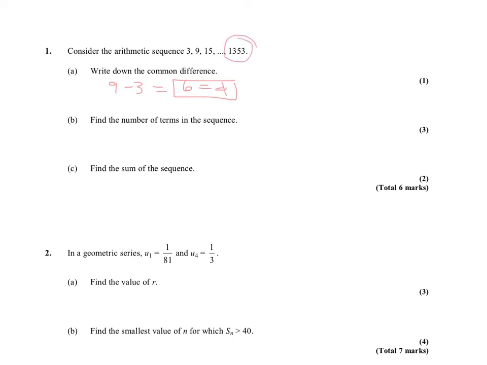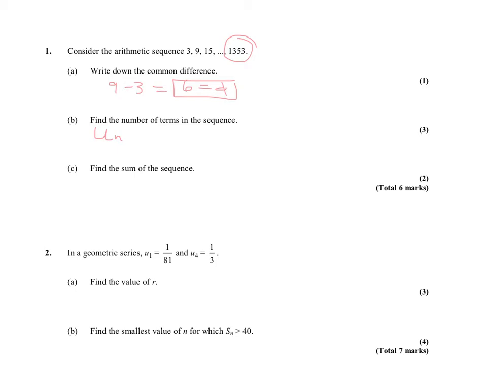They tell us the last term. If that last term is the 12th term, then there's 12 terms in the sequence. If it's the 100th term, there's 100 terms in the sequence. So when they ask us to find how many terms are in the sequence, they're really asking which term is 1353.